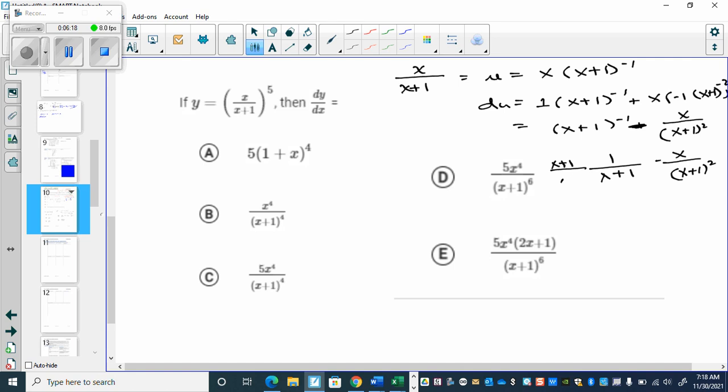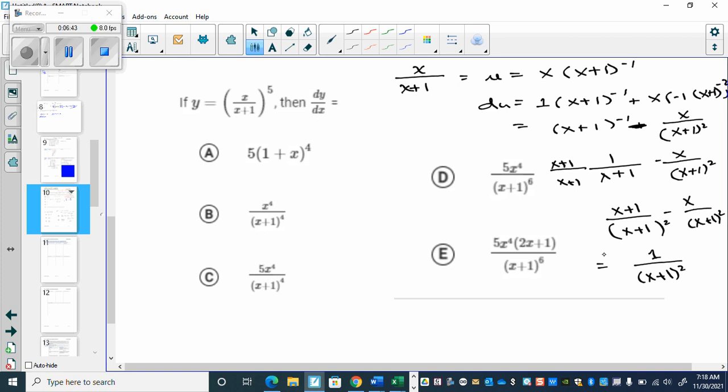And this is just that one little derivative right there. There might be an easier way. Squared minus x over x plus 1 squared. This equals 1 over x plus 1 squared.